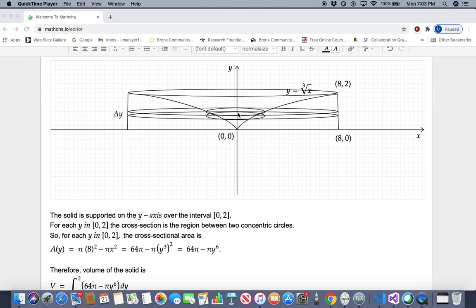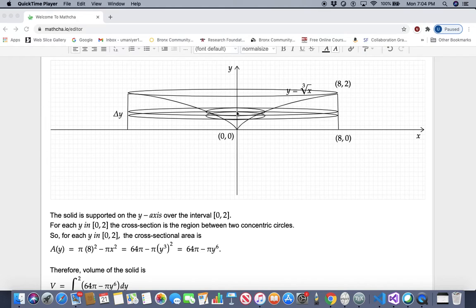For each y from 0 to 2, the cross-sectional area is the area of the outer circle minus the area of the inner circle. Why do we do minus? Because you have to cut it out. You see, the inner circle has been chopped out.